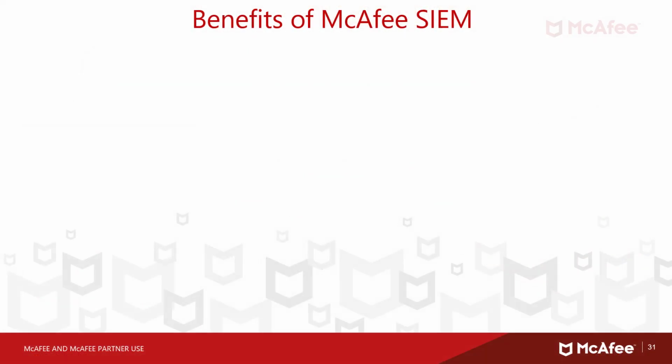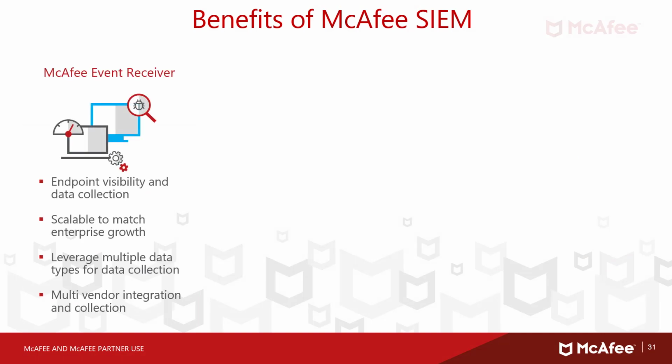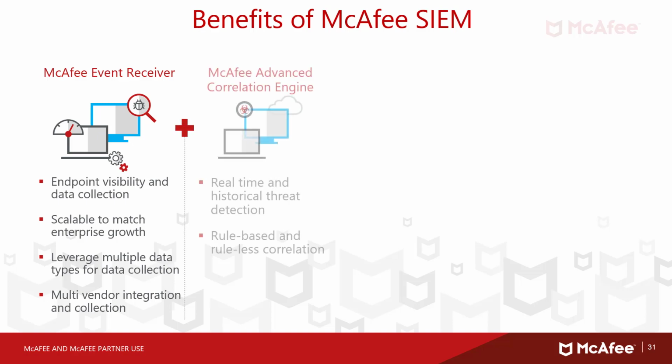So diving into each piece, starting off with the McAfee Event Receiver, we can see that it provides endpoint visibility and data collection, right? Because this is the receiver, the central point where all the data is sent to. And it's scalable to match enterprise growth. So if a company gets a bunch of new systems and assets, you add that.